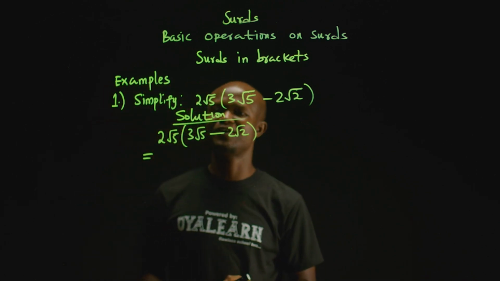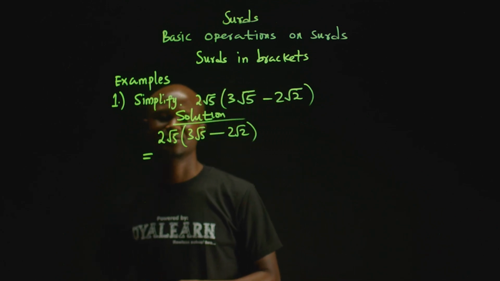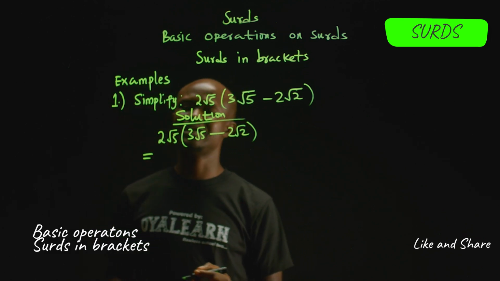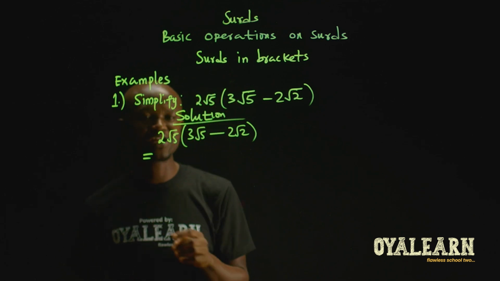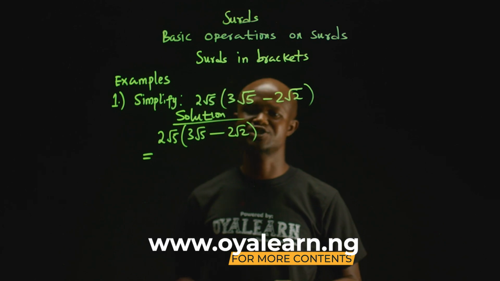Now, for us to simplify this kind of surdic expression, we are going to expand the bracket. And expanding the bracket is the same way we handle algebraic expression dealing with expansion.